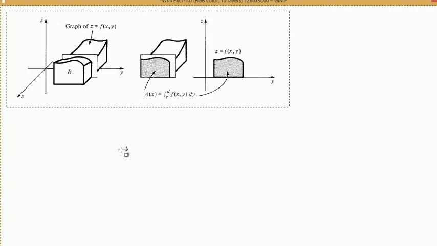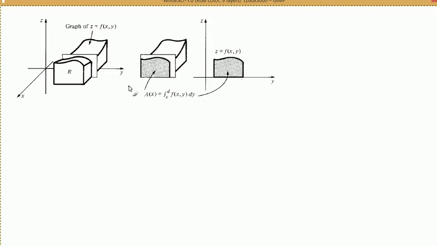But this is how it began. So I hope this picture makes sense. The graph of z equals f of x, y, that's the top part. And this side is created because you have a rectangular region down there, given by, for example, A B cross C D. This notation makes sense? This is the rectangular region down there.